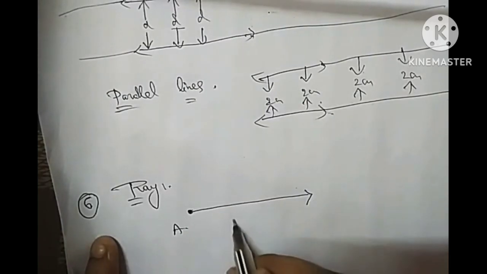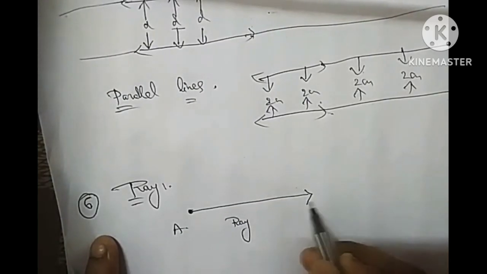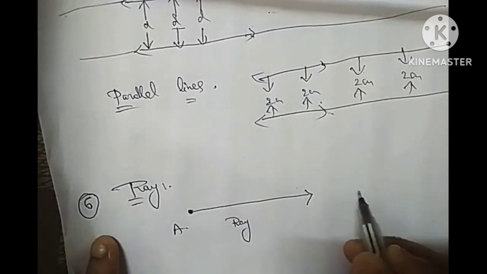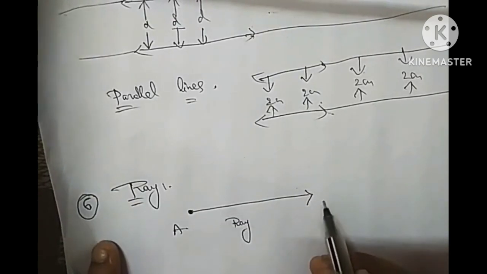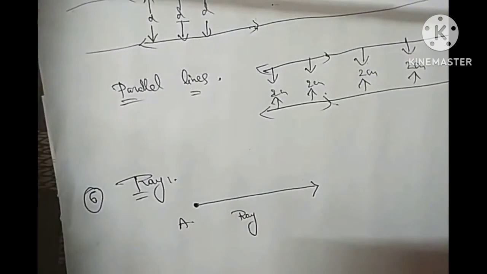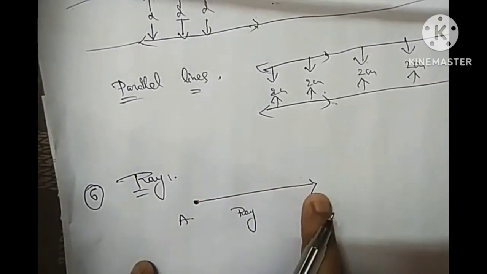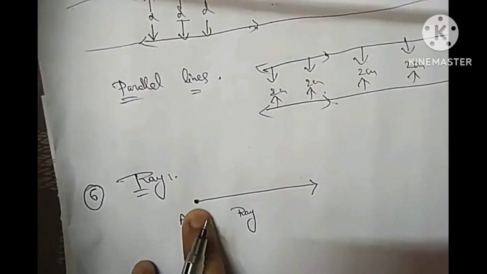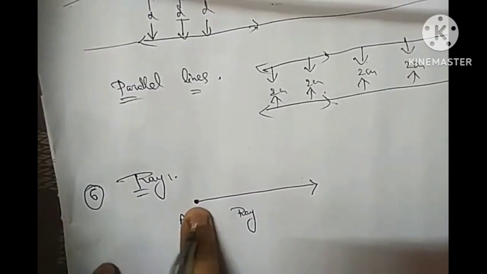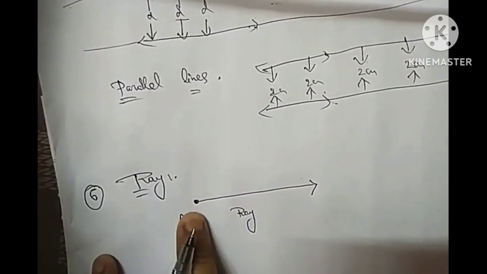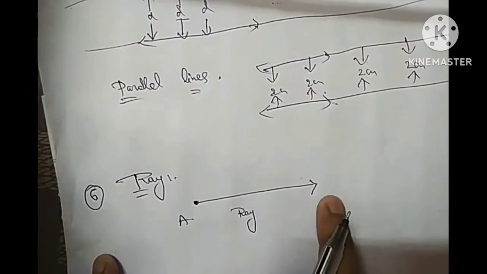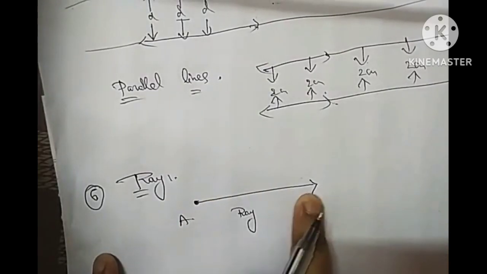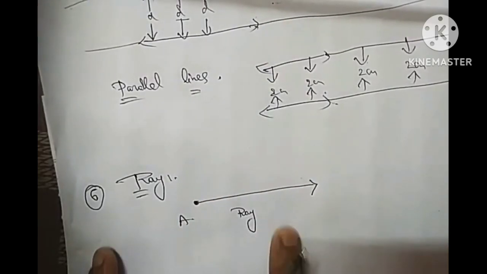That can be called a ray, and up to infinity we can draw. It has only one endpoint; we can't extend from this side. We have to extend only in one direction up to infinity, then we can call it a ray.